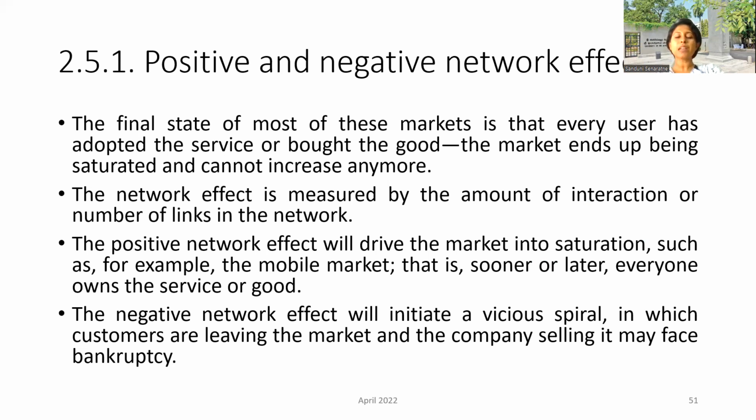At the ultimate level, the assumption is that all the users in the market have adopted this service. Let's say every user has subscribed to a telephone network. Everyone is a user of that particular network. Everyone is a part of a social media network. That is the ultimate level or the final stage.